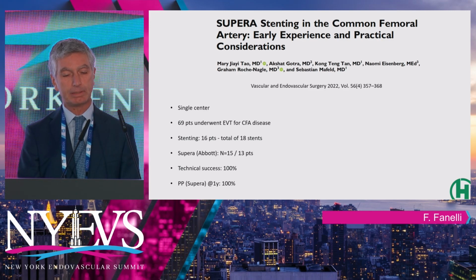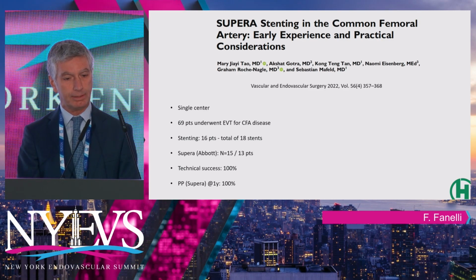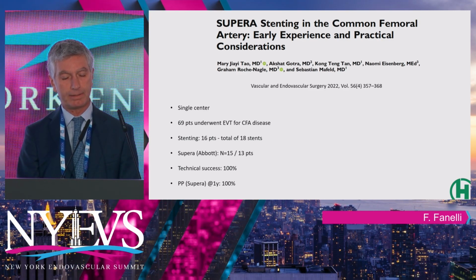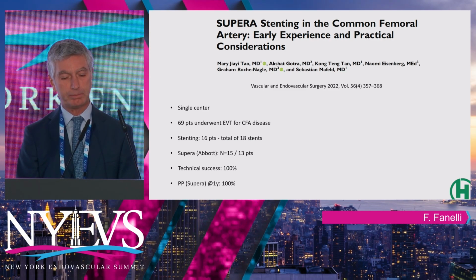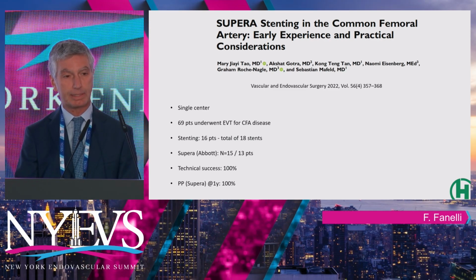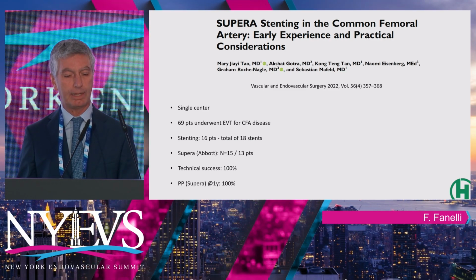Recently, there is some experience using the Supera stent that can provide a very nice outcome. You see here, 15 patients, technical success 100%, primary patency at 1 year 100%.